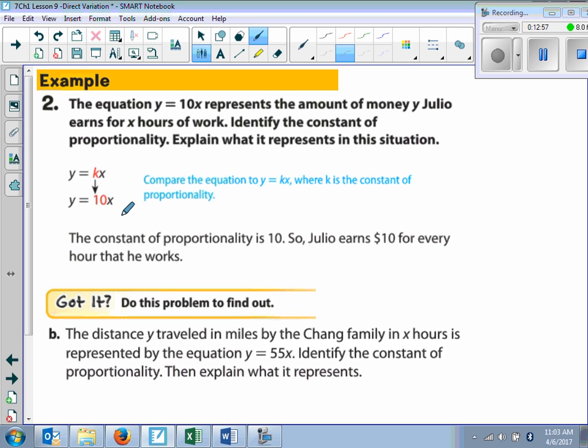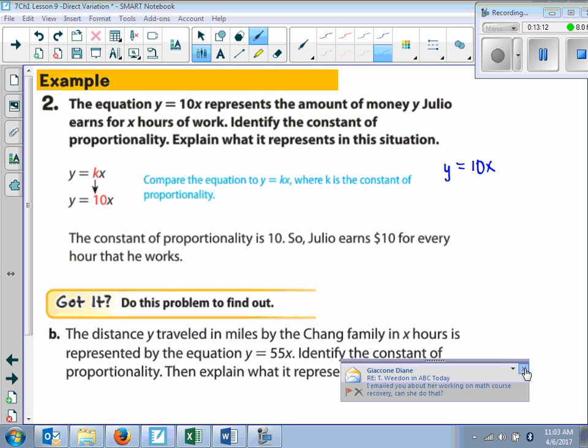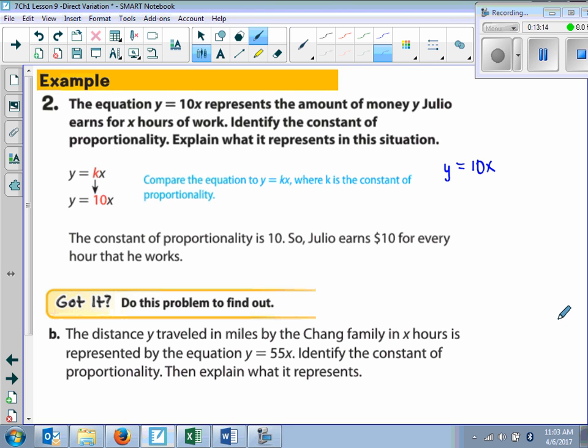Here, looking at our equation, y is equal to 10x. We want to find out what the constant of proportionality is. In other words, we want to know the rate of change. The rate of change is delta y over delta x. So how am I going to change y is equal to 10x to a y over x?